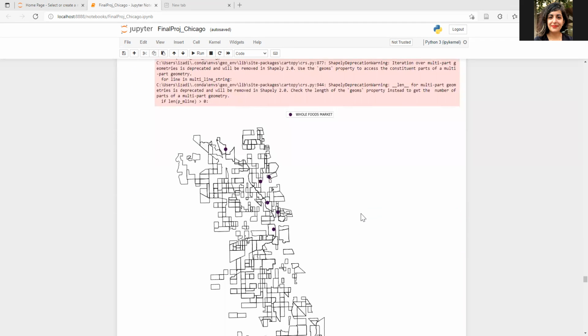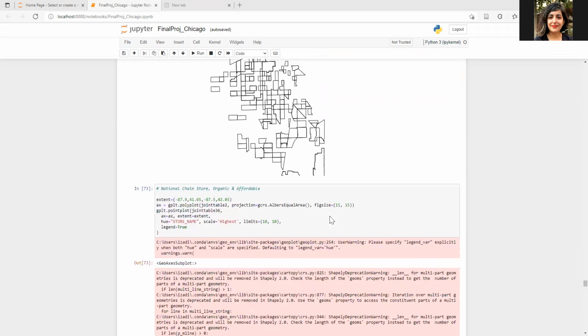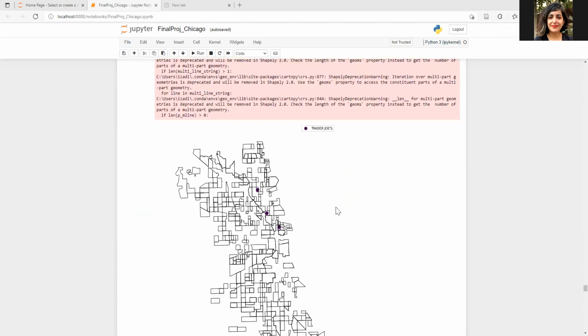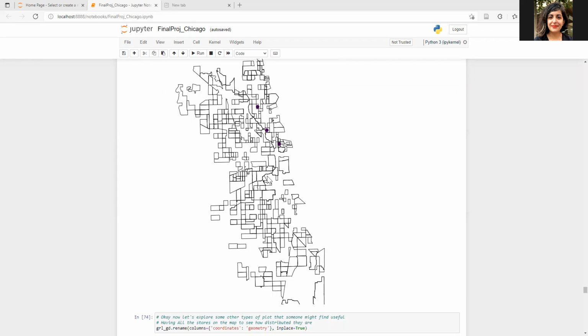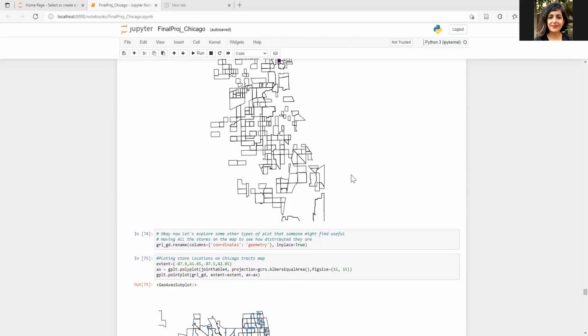When I go down and look at Whole Foods, Whole Foods has made it so clear that it's obviously just for downtown and one for the north and no for the south at all. And when I go to Trader Joe's, the one that is supposed to be affordable, accessible to many people and provide organic food, it is still concentrated in downtown and nothing in the south side, even north side, and the other side of Chicago.